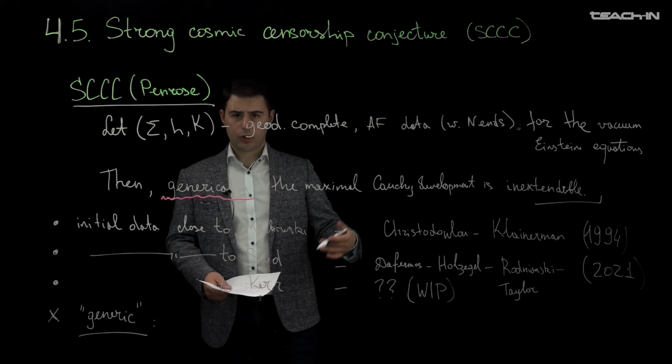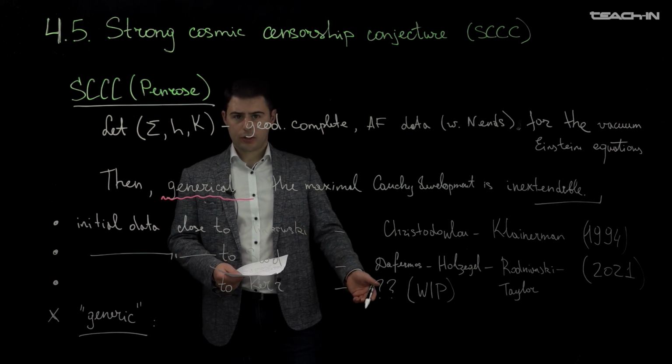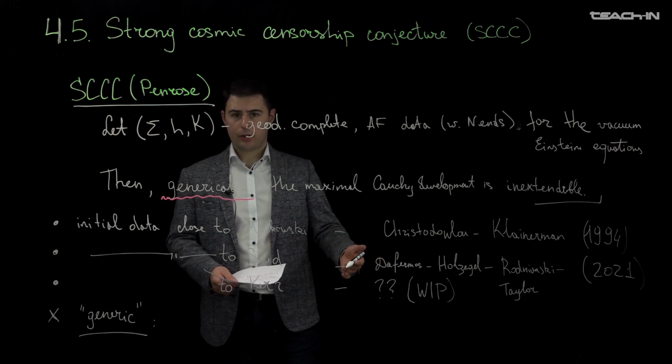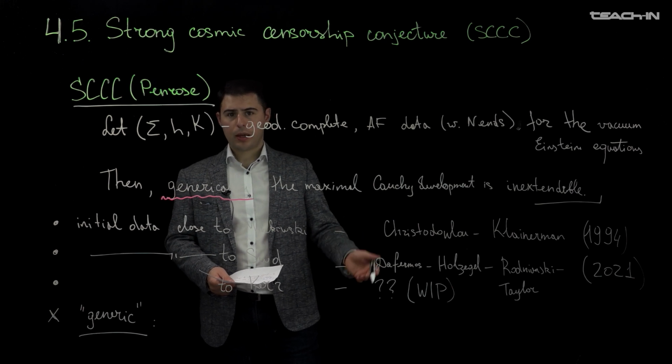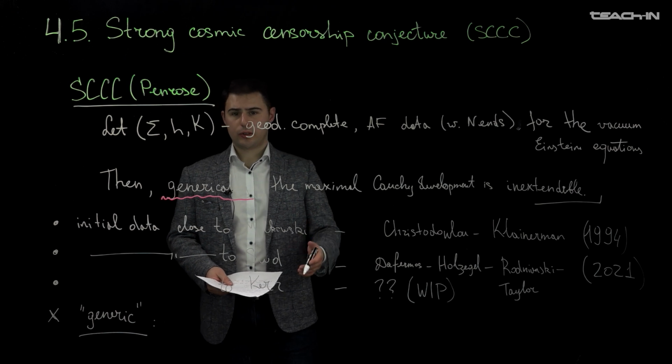As we will see in future lectures, the charged black hole, that is the Reissner-Nordstrom, and the rotating black hole, that is the Kerr black hole, have two horizons, and the interior horizon is actually the Cauchy horizon.